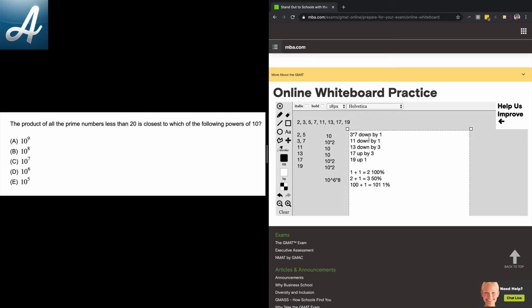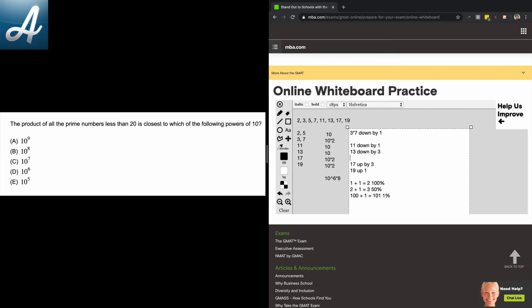And notice that the smaller numbers, 11 and 13, with the same absolute change, 1 and 3, are going to matter more than the bigger numbers, 17, 19, that have the same change, 3 and 1. So not even considering the extra 3 times 7 that we also estimated down, the 11 and the 13 changes absolutely cancel out the 3 and the 1 changes, and in fact have a greater impact.